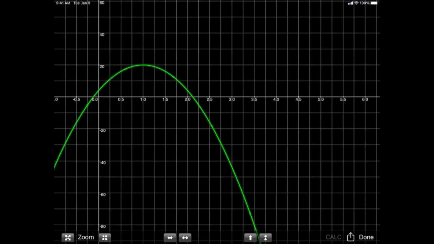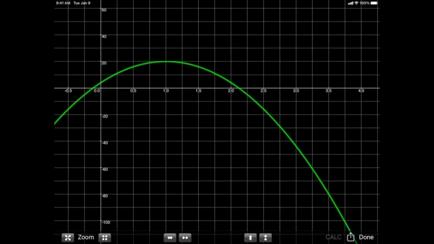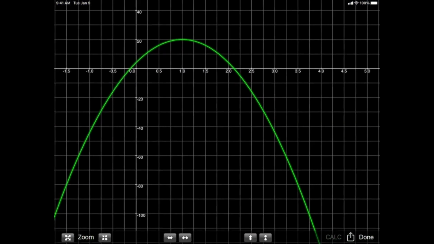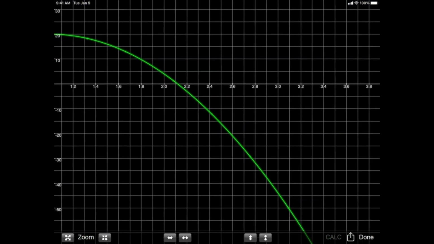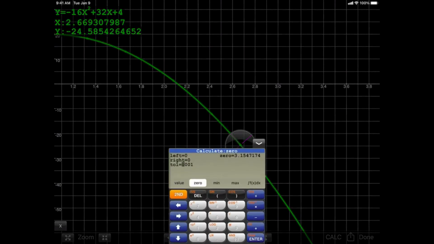I'm just going to graph it and give myself a visual. Okay, I'm going to focus on over here. That graph crosses between 2.0 and 2.2, so I'm going to click on the graph. I could just use my finger and tap it, but this is better because this is more universal.